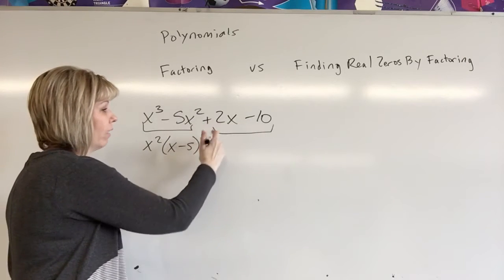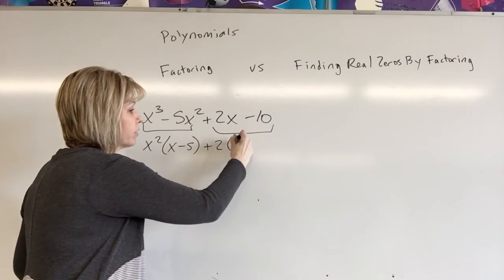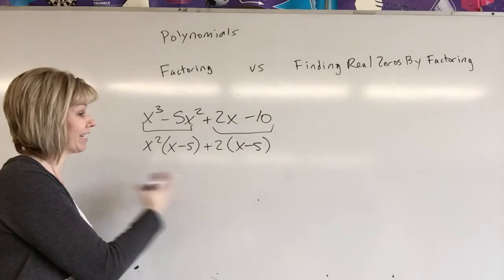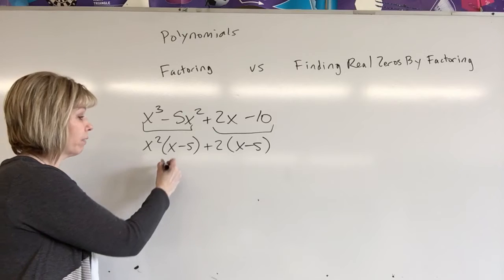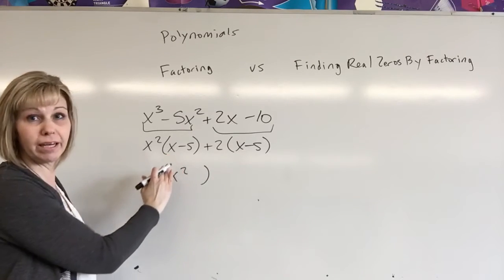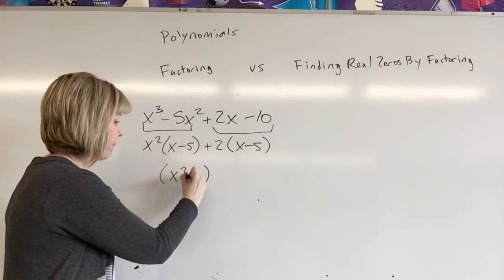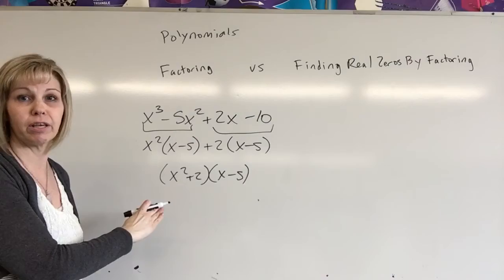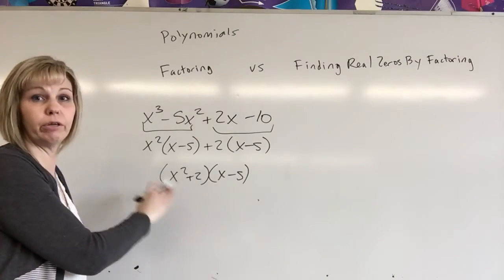What I would take out would be a positive 2, what they would have in common. And you can think of it as factoring out the x minus 5, or I could put it in reverse FOIL, because what's getting multiplied by x minus 5? The x squared and the 2. Okay, that's my factors. So if I'm asked to factor, that's what you do, you'd stop.